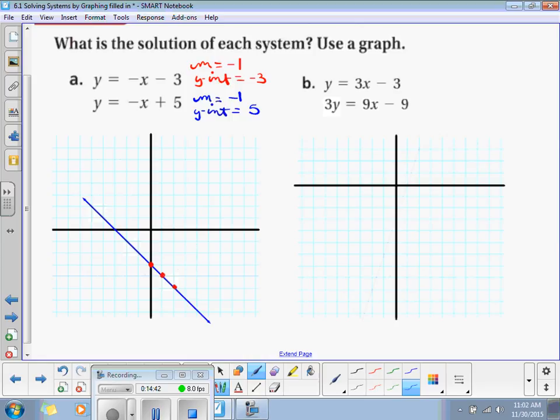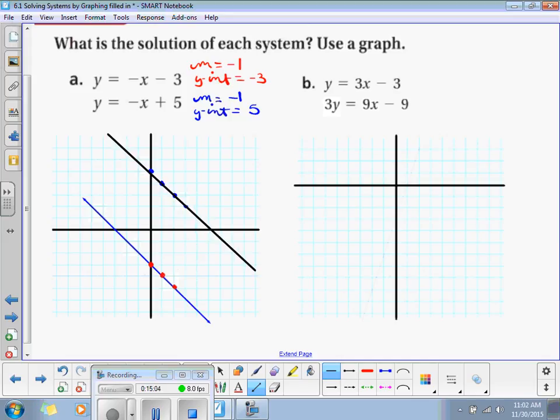So we have 1, 2, 3, 4, 5. And the slope is -1. So we're going to go down 1 to the right 1. Down 1 to the right 1. There's a graph of your equation.